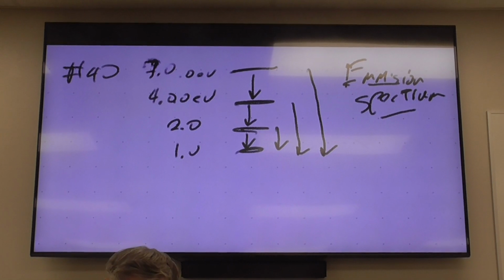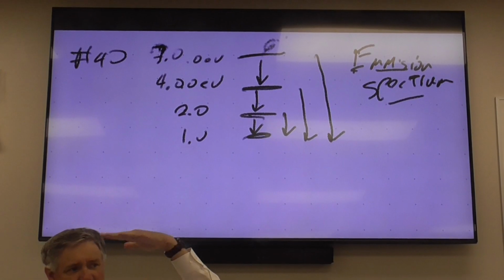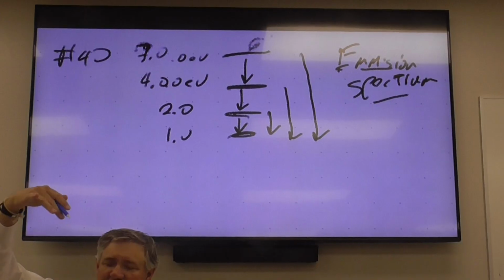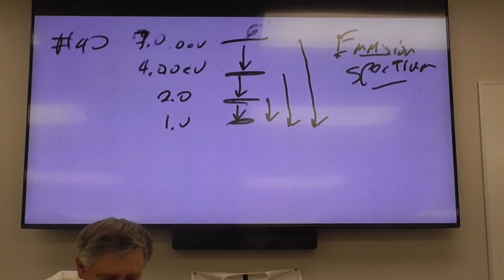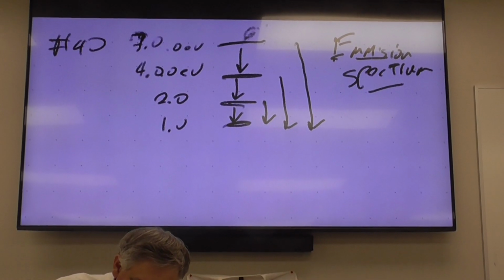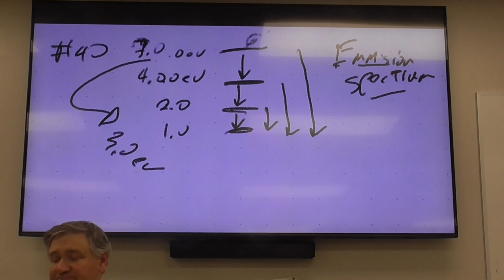On an emission spectrum, if you excite an electron up to that 7 electron volt line, when it comes back down, it has options. It could go from 7 to 4. That would be a difference of 3 electron volts, okay?